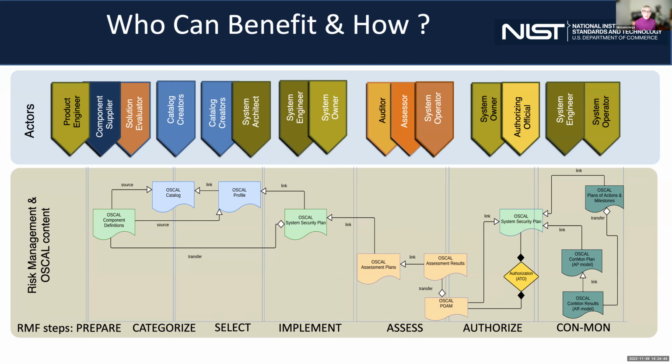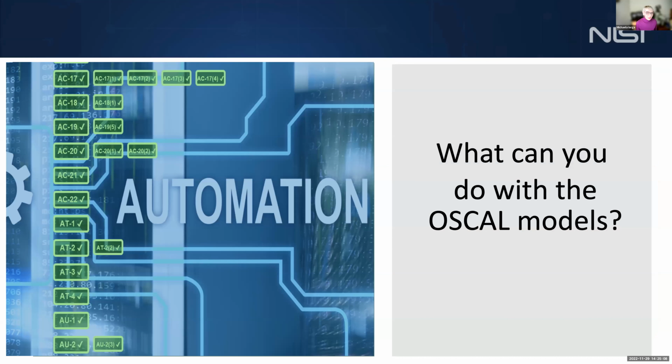So the same type of information, the same models can be used to document your continuous monitoring of the system, and to convey the findings back to the system owner to address, to create the proper automation process in place for a continuous authorization to operate. Next, please.